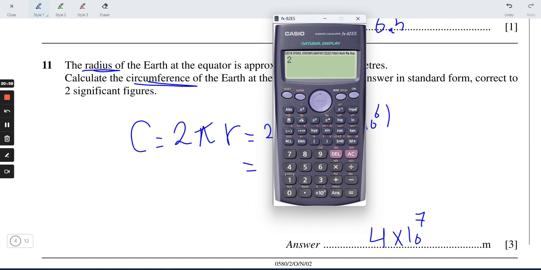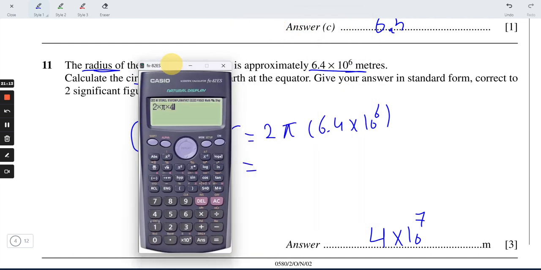So 2 times pi times 6.4 times 10 to the power of 6. Yes, you get it here: 4 times 10 to the power of 7.